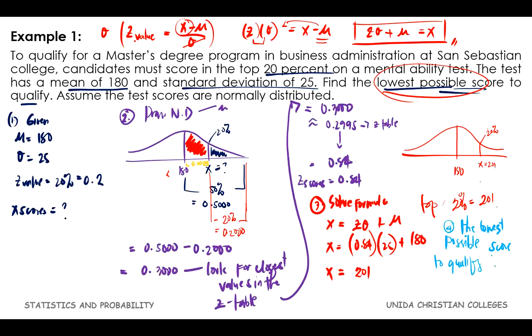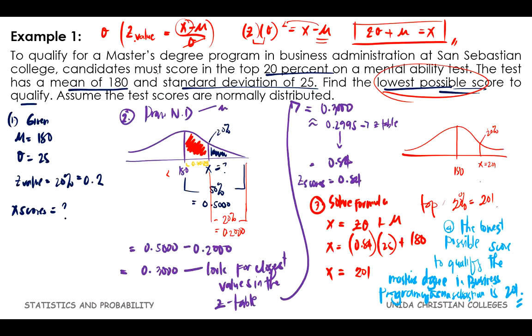The lowest possible scores to qualify the master's degree in business program of San Sebastian is 201.